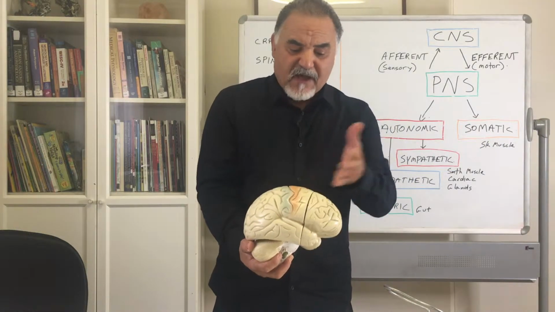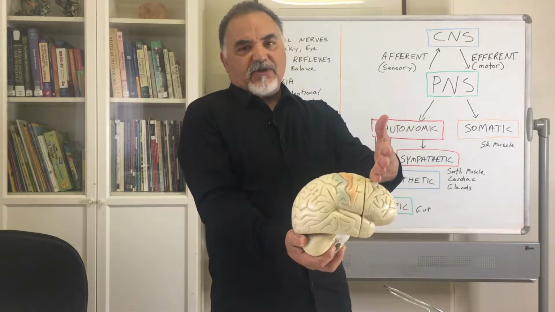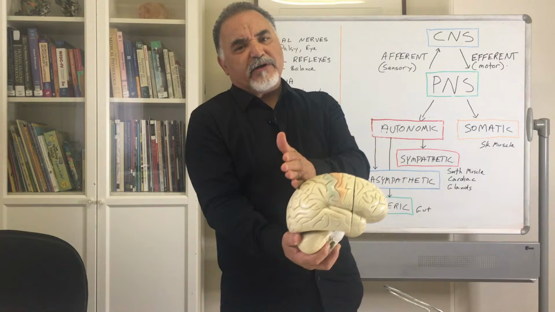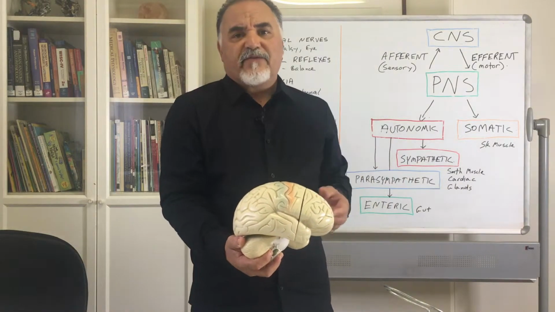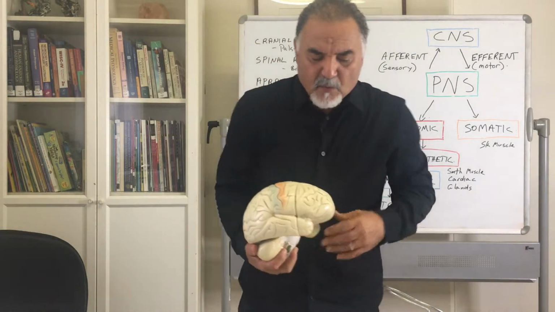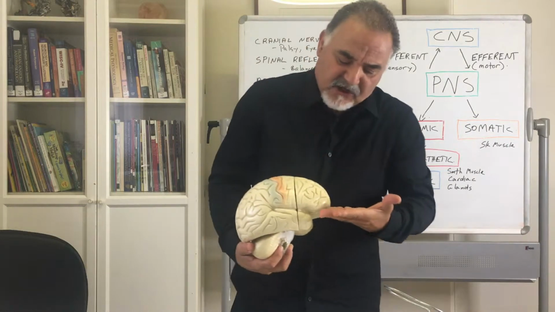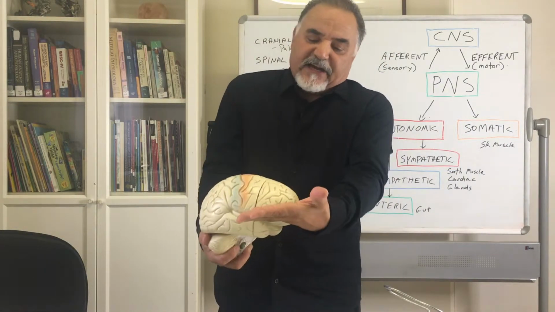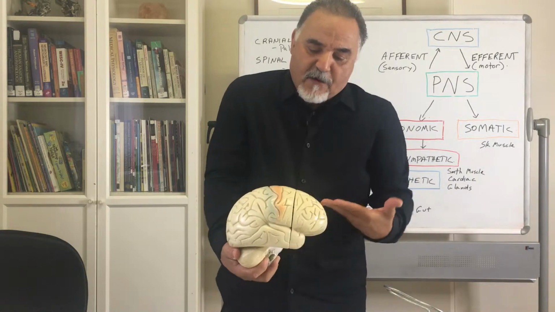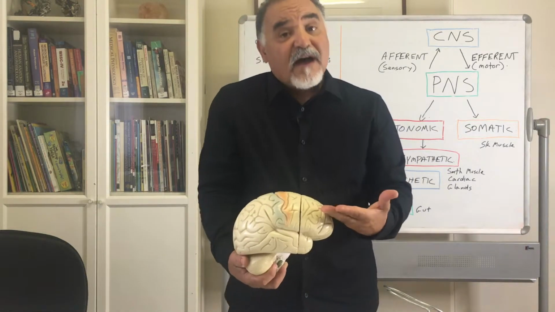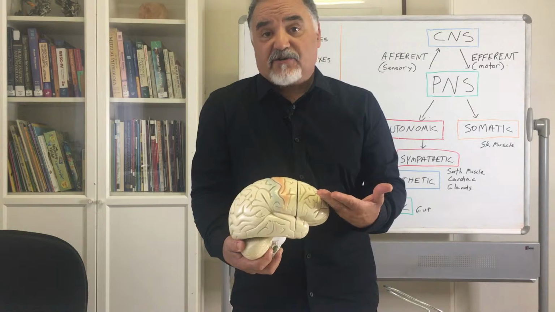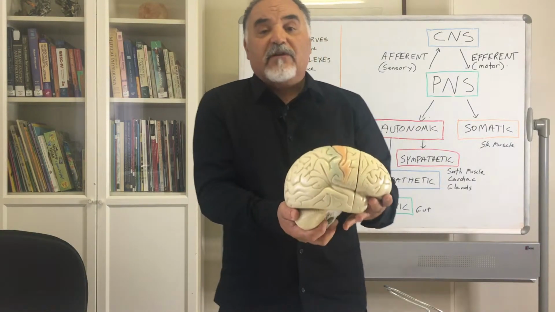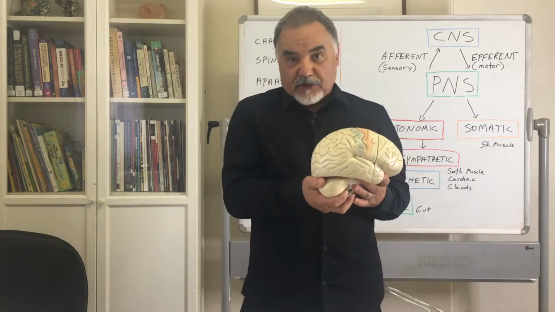You can have coronal sections at the front, so anterior coronal, posterior coronal, and so on. We can also have a section in this plane from front to back, slicing the brain across that way, and that's called a horizontal section, for obvious reasons.